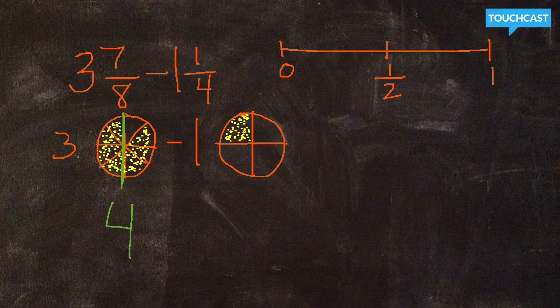Now I'm going to look at my 1 1/4, and I'm going to focus on the 1/4 and draw my halfway point here, and I'm going to say that that is not close to the halfway mark. 1 is not close to the 4. So I am going to round that to 0, and the 1 stays the same. So now I just have 4 minus 1, and my final answer would be 3.